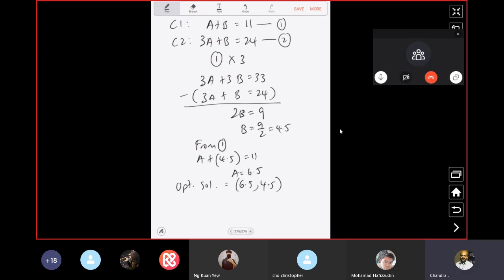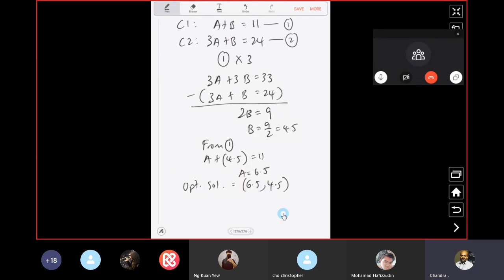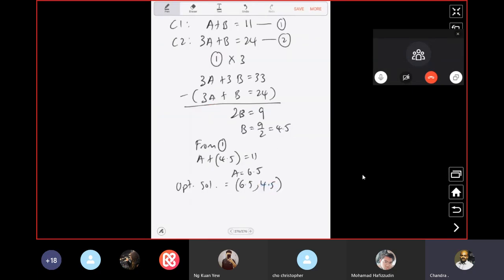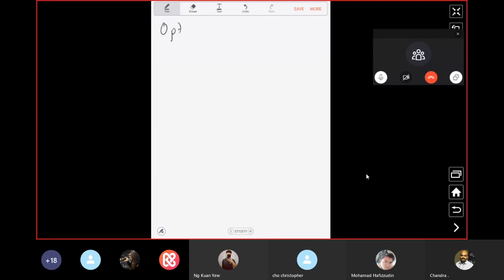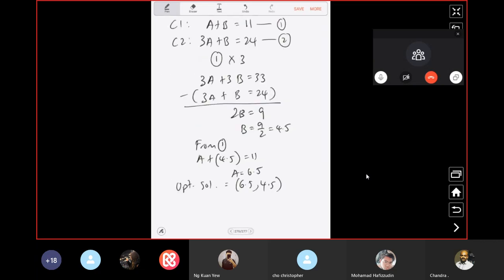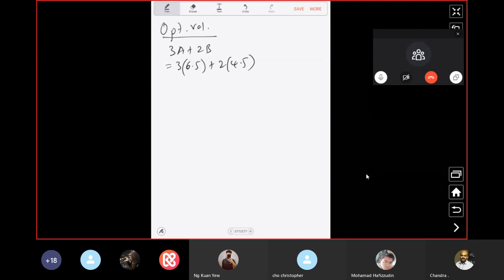Remember the original was 7, 3. Now this one is 6.5, 4.5. What will be my optimal value? My optimal value is 28.5.